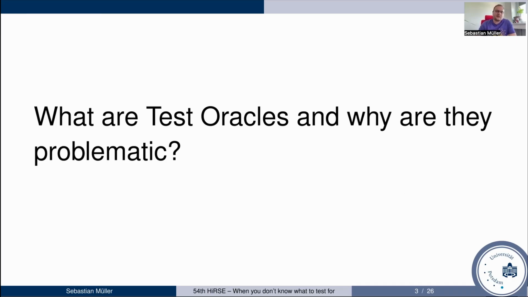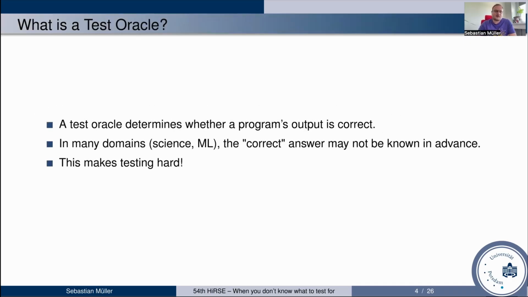Let us start with this very first question: what are test oracles? Well, a test oracle is what determines whether our program's output is indeed correct.